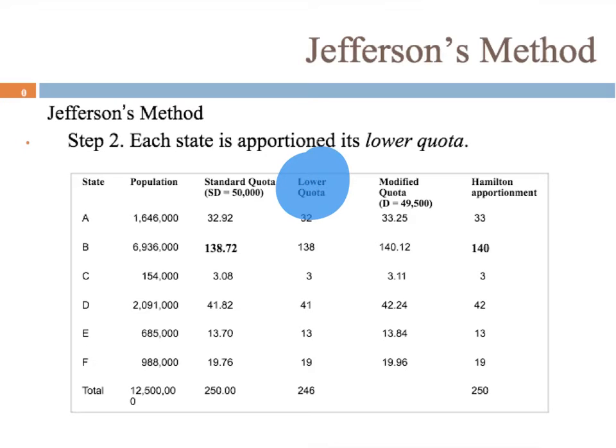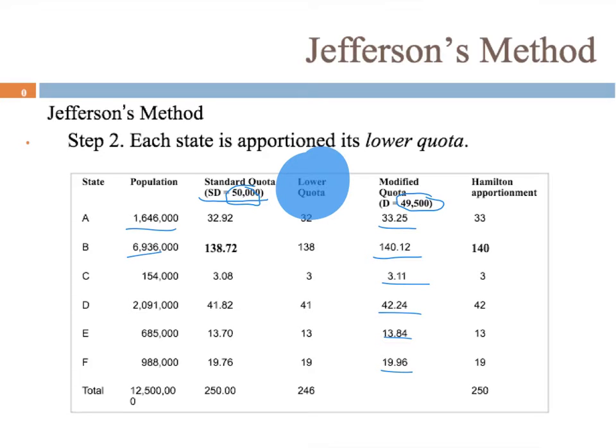We have the standard quota: if we divide each of these populations by the standard divisor, we get each state's standard quota. When we change that divisor value, that 50,000, and bring it down to 49,500, notice that these values are just a little bit different.